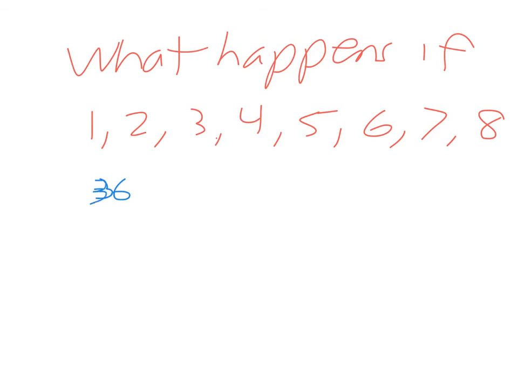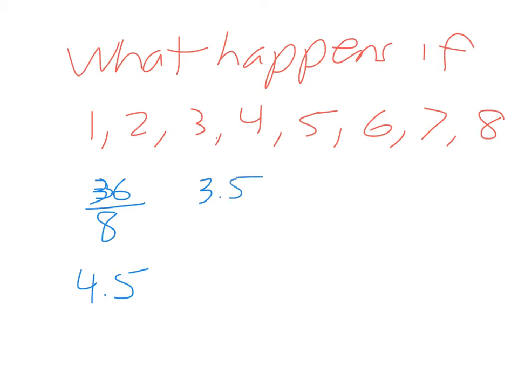And you would have taken 36 and divided it by 8, which gives a mean of 4.5. Now I take 4.5 and subtract each one of the numbers from it, and I take the absolute value. So I take 4.5, subtract 1, which is 3.5, take the absolute value, it's 3.5.